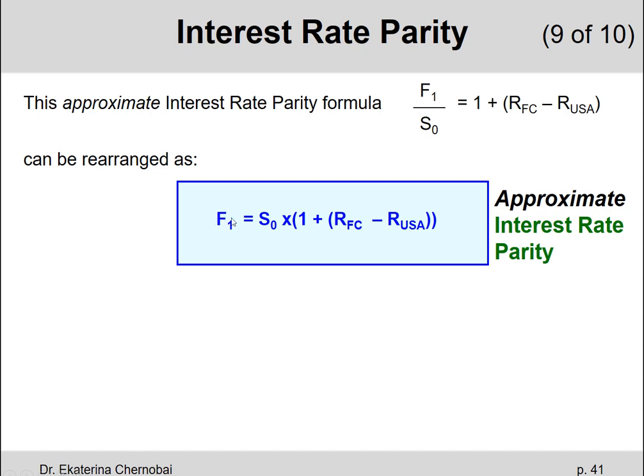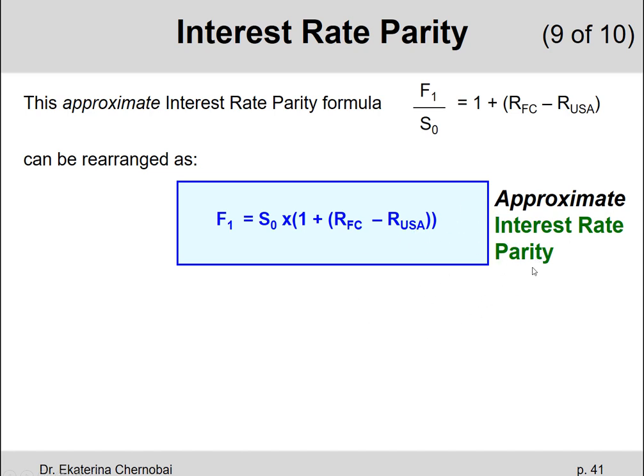The 1 year forward rate, F1, is all we have on the left-hand side, and it equals today's spot exchange rate, S0, multiplied by, open parenthesis, 1 plus the difference between the foreign country's risk-free rate and the US risk-free rate, close parenthesis. This is the approximate interest rate parity.